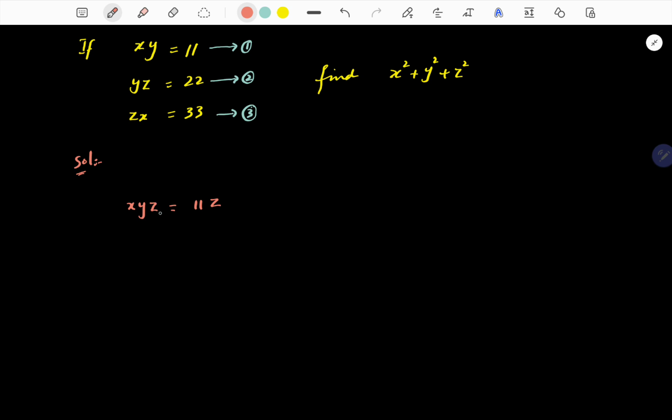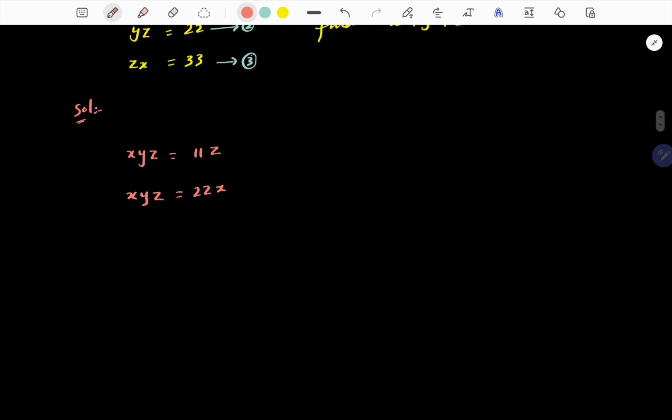From the second equation, if we multiply it with x, we get xyz is equal to 22x. And from the third equation, we get xyz is equal to 33y.